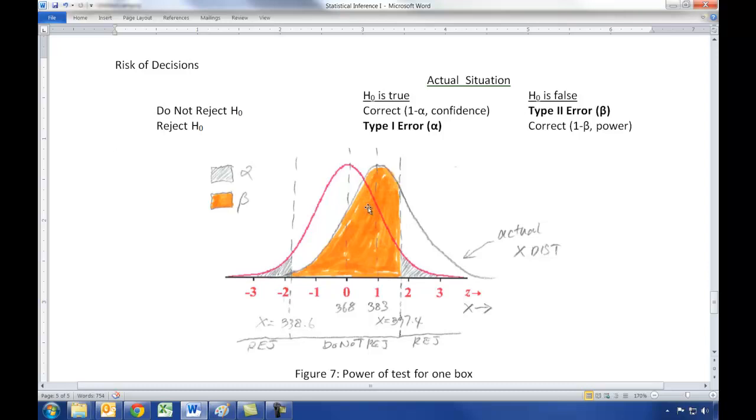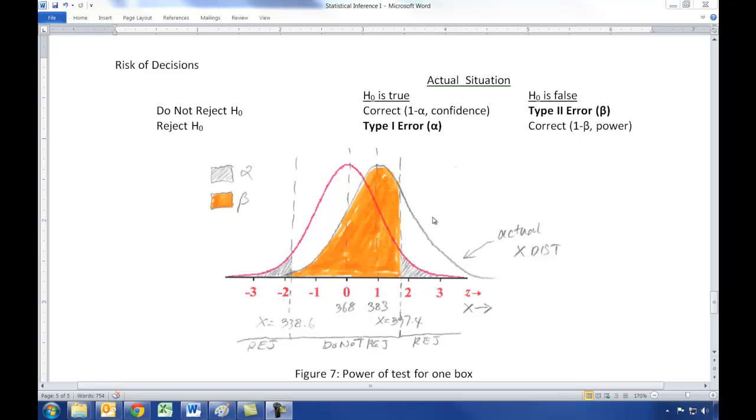And all those observations will mislead us to not reject the null hypothesis, while the null hypothesis is false. To be more specific, mu is no longer 368, it's actually 383.